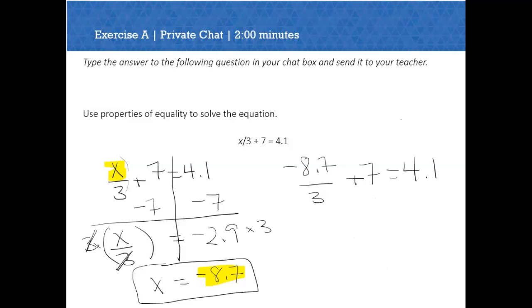Order of operations tells us we do this division first. Negative 8.7 divided by 3 is negative 2.9. Negative 2.9 plus 7 is 4.1. If you didn't do the minus 7 first, you would not have gotten the correct answer, and then you would find that out in your check.